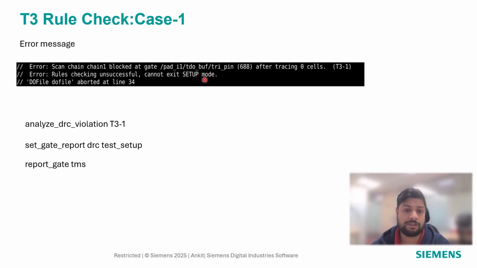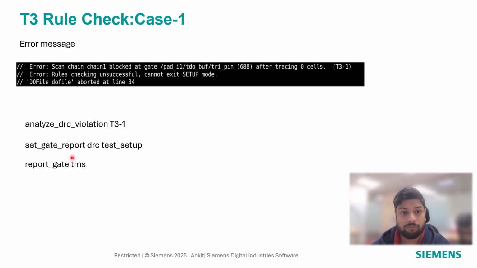So the first step would be to analyze T3 DRC using the command analyze DRC violation. If tracing stops at the TDO pin, we always verify whether the tap controller has the correct value during test setup so that it can reach the shift DR state in the shifting procedure.